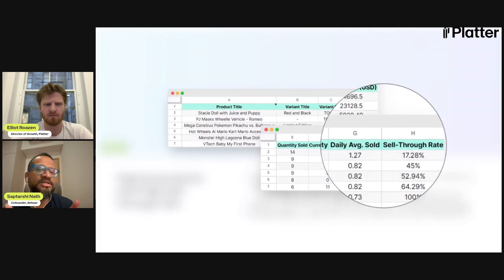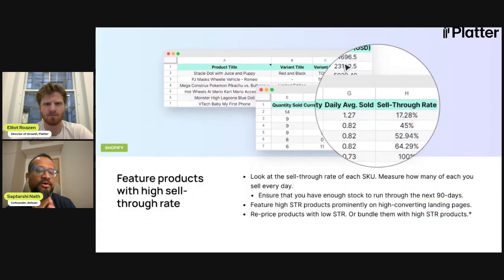Another way, of course, is just by doing it using Airboxr. It's a single click. The last I checked, Shopify does provide you the overall sell-through rate for all of your products together. That is also obviously very helpful, but not something that will help you make decisions about which product to feature on ads or on your landing pages.